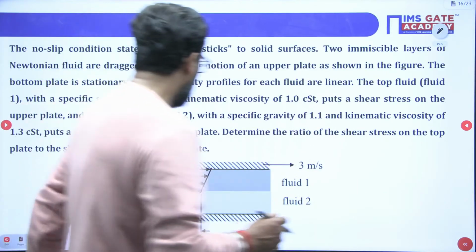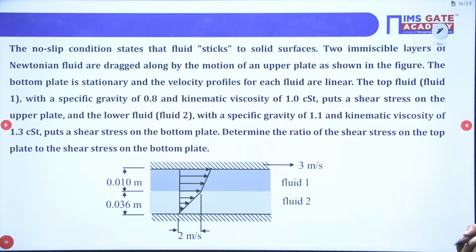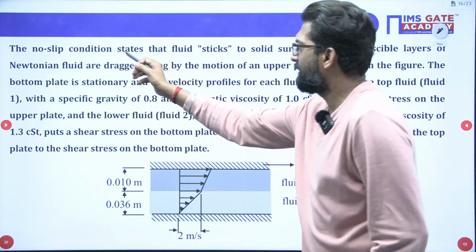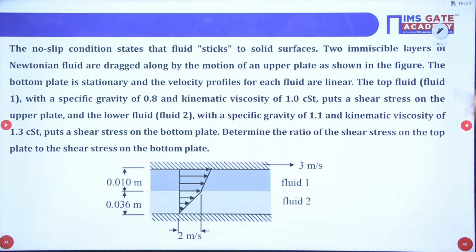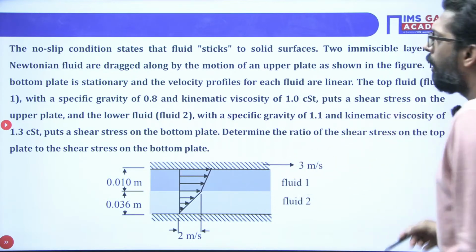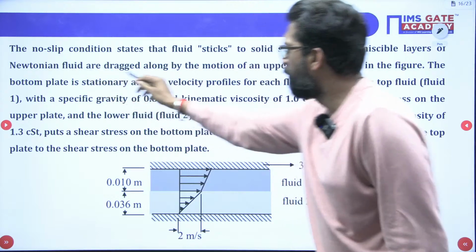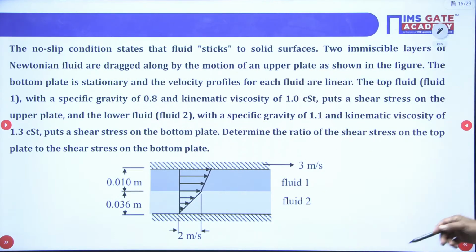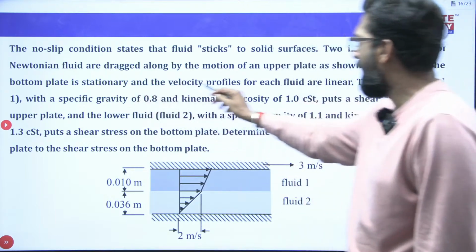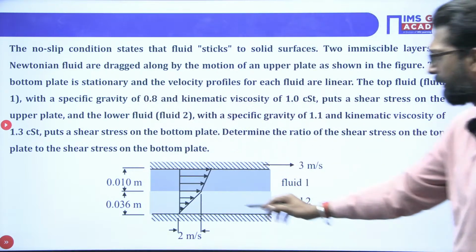Yes, this is your problem. Simple problem. Okay, see, no slip condition. What is the no slip condition? That means the fluid sticks to the solid surface. There are two immiscible layers of Newtonian fluid dragged along by the motion of the upper plate, as shown in the figure. The bottom plate is stationary, and each has a linear velocity profile.